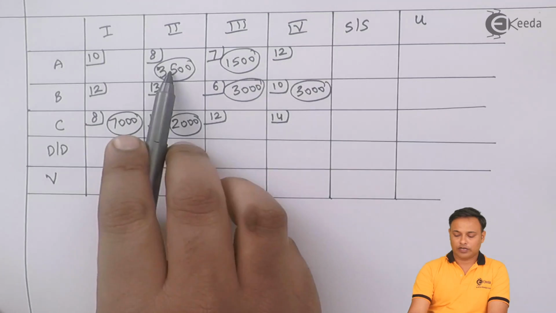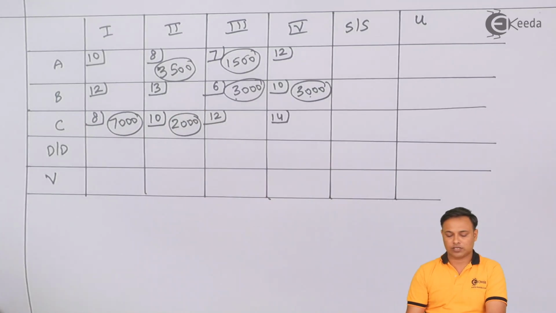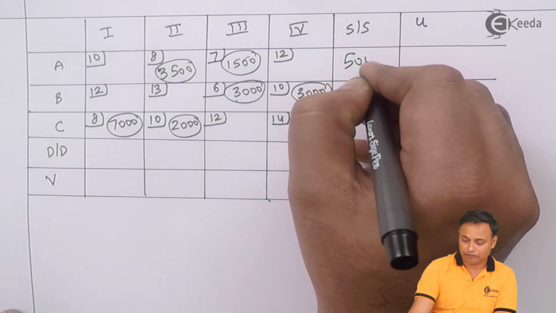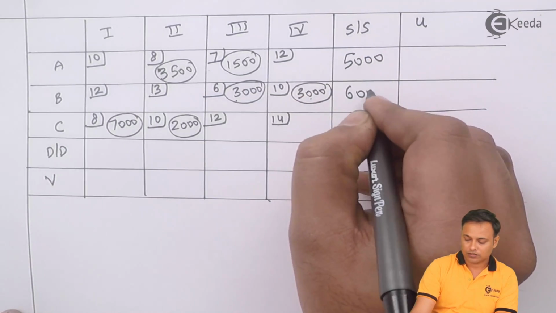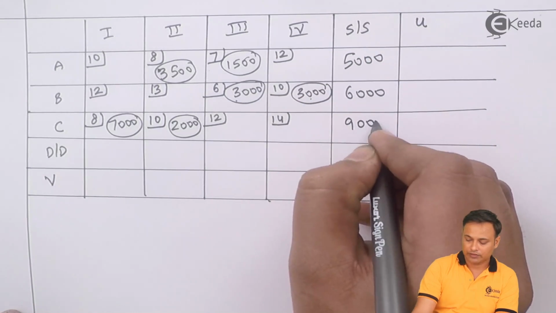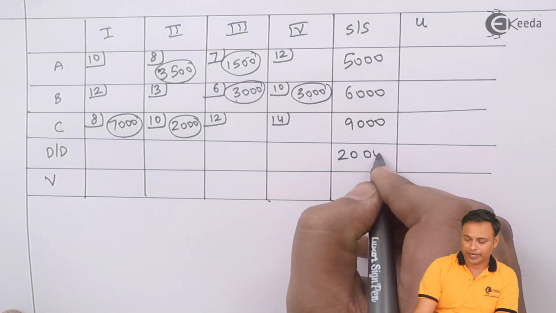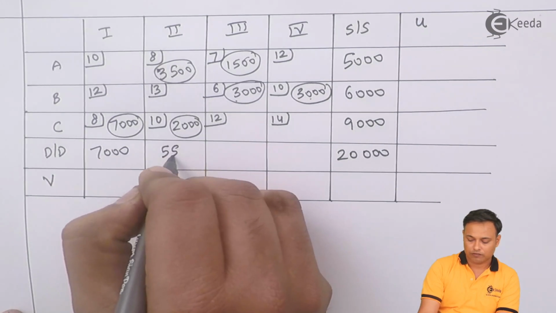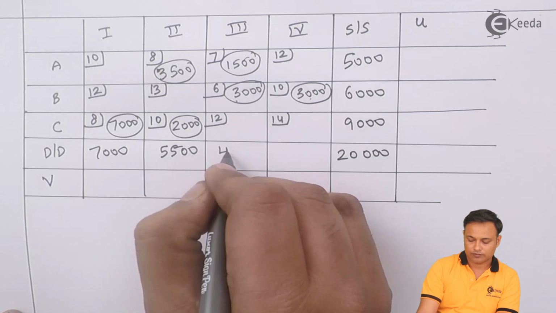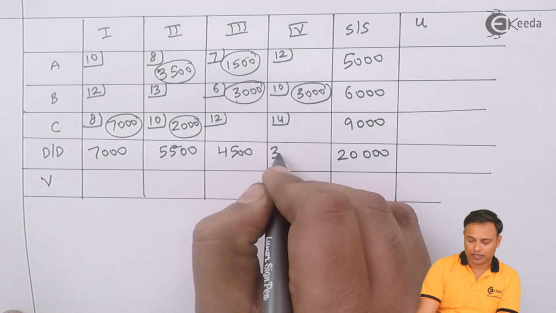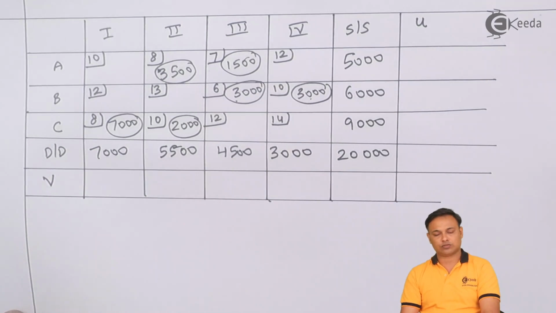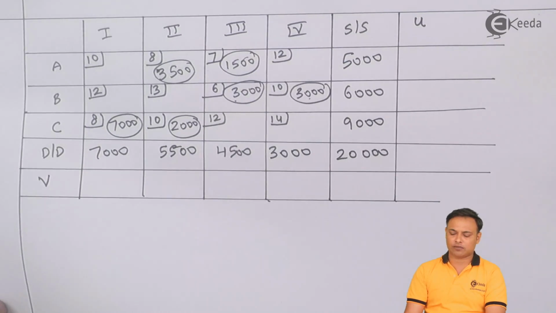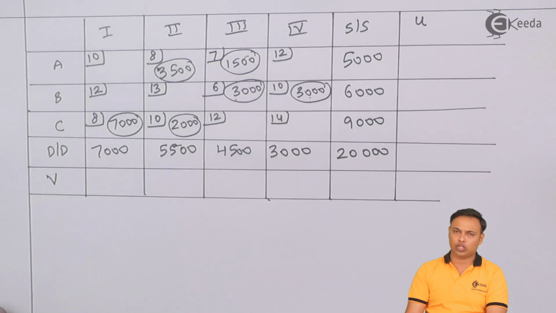So we have got 1, 2, 3, 4, 5, 6 occupied cells. Here is my supply of 5, 6 and 9, total 20. And here will be 7, 5.5, 4.5 and 3000.